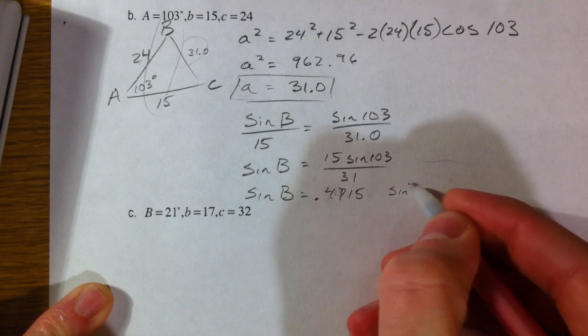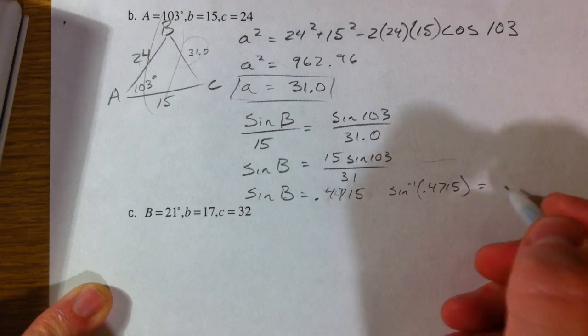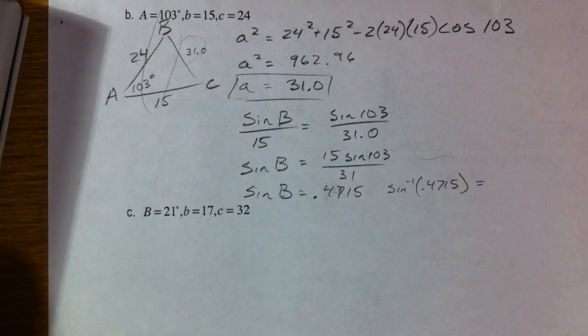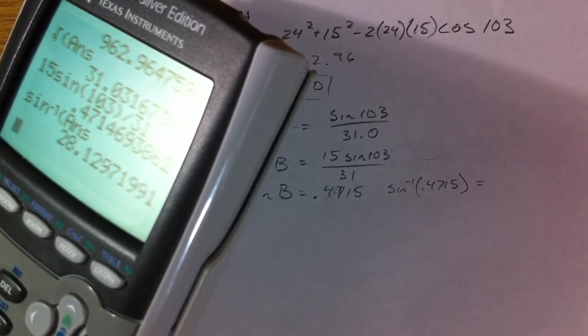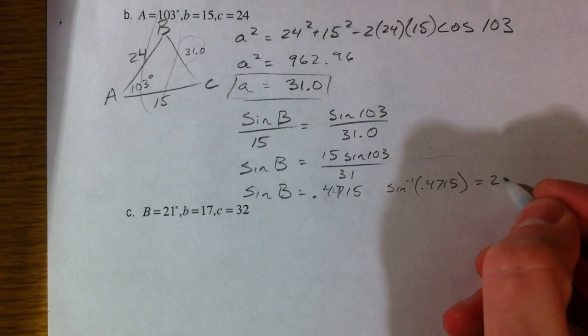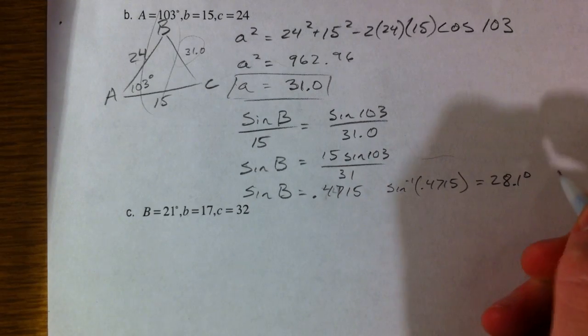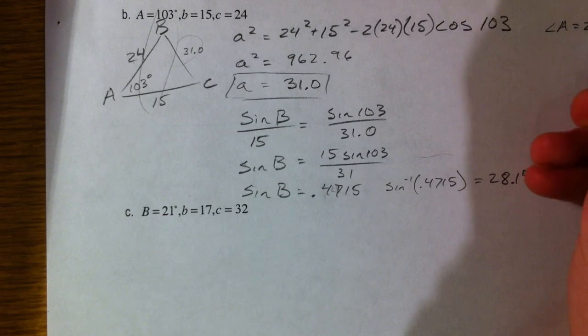The inverse sine of 0.4715 gives you an angle B of 28.1 degrees.